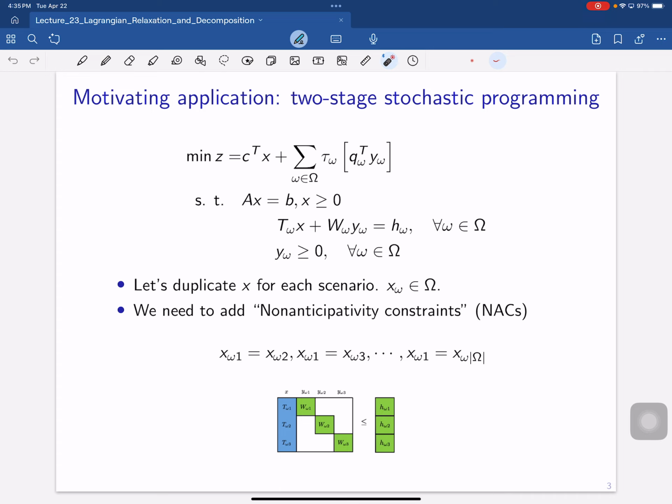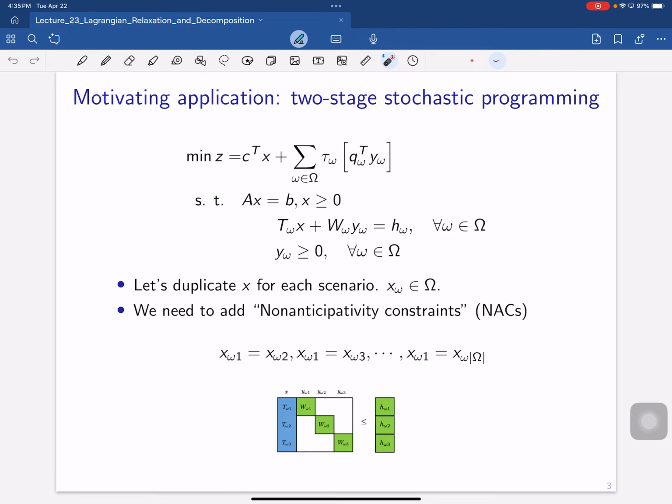So how do we translate this problem into a problem with complicating constraints instead? The original formulation has complicating variables. We can do a simple trick to translate it into a problem with so-called non-anticipativity constraints. This is a reformulation trick in two-stage stochastic programming. The idea is the following.